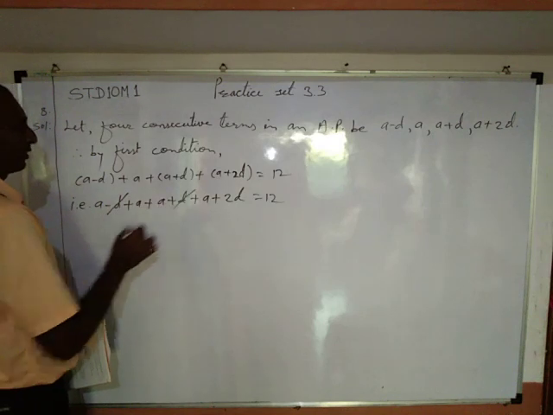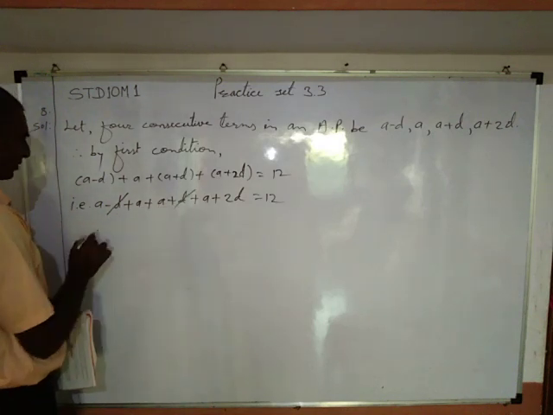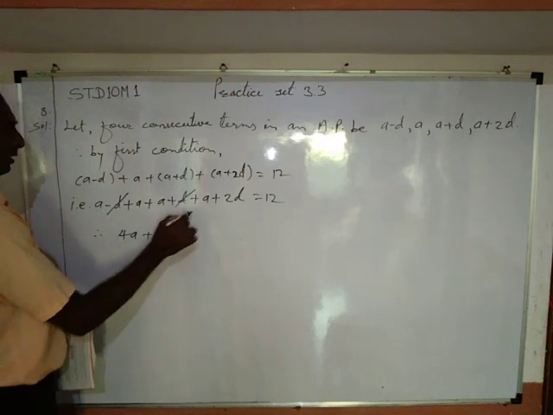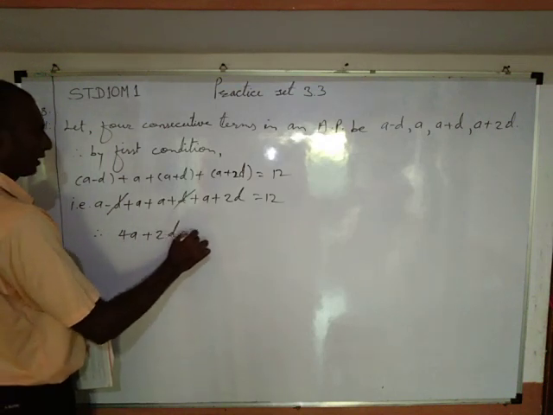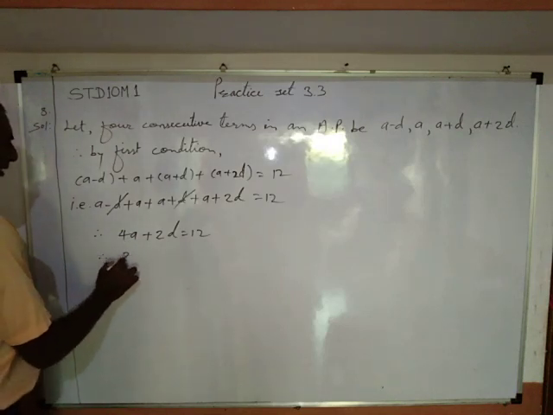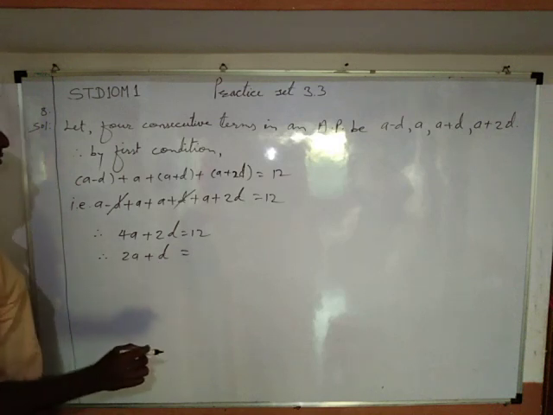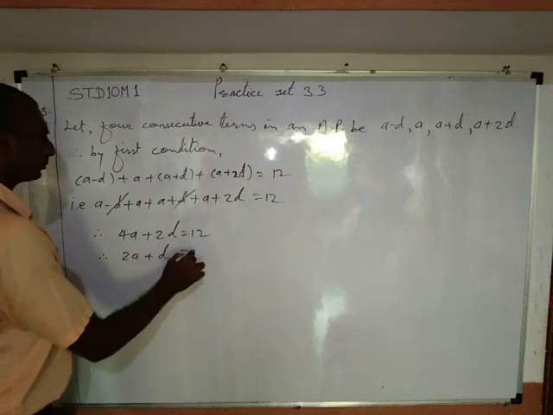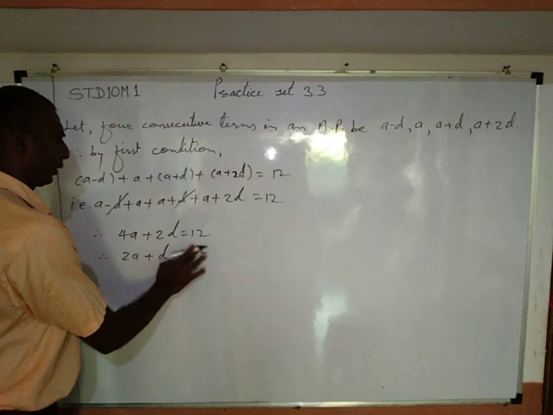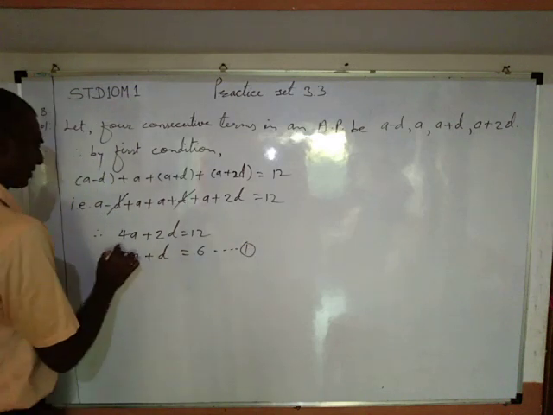Minus D plus D will get cancelled. A plus A plus A plus A gives us 4A plus 2D equals 12. Dividing both sides by 2 we get, therefore 2A plus D equals 6. Let's call it equation first.